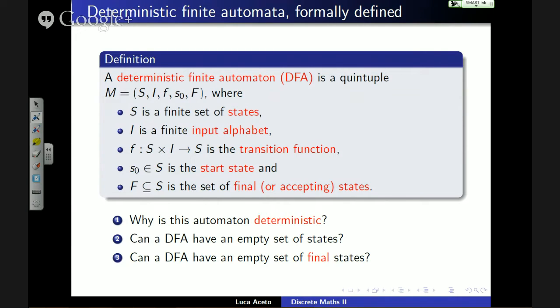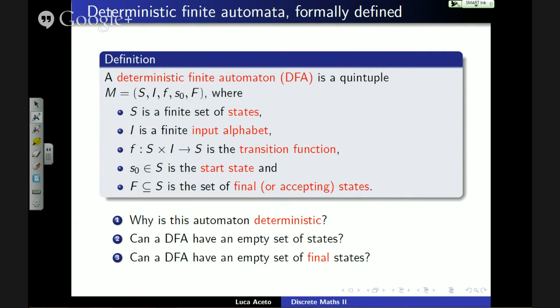The inputs are a state, namely the state where the automaton is currently residing, and the next input symbol that the automaton reads. Based on these 2 bits of information, where the automaton is and what it reads, the automaton will change state to a possibly new state. And that's the output that is returned by the transition function.